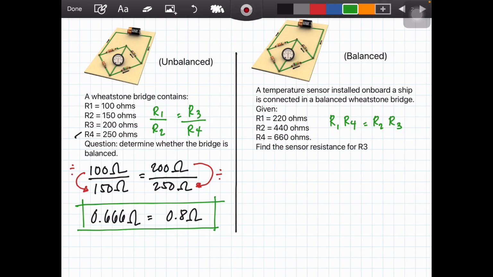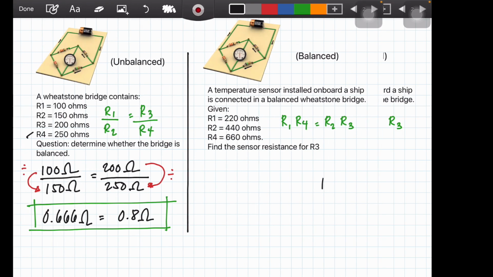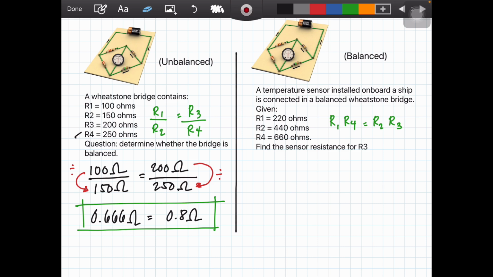Okay, now the next one. For the other one, the balanced. A temperature sensor installed on board a ship is connected in a balanced Wheatstone Bridge. They have given us three resistors with values, but there's one resistor that is missing in value.